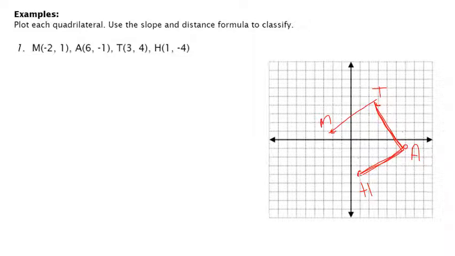I'm just going to do my best to plot these together. So we can see we have a four-sided figure. It's plotted because we can see the points that make up those different segments. So we actually have four different sides here. We have one side that is MT.